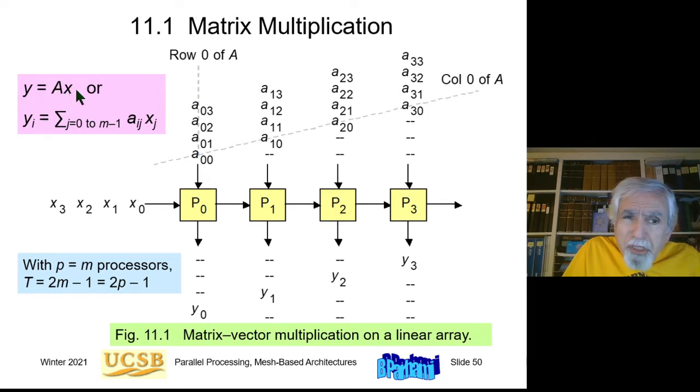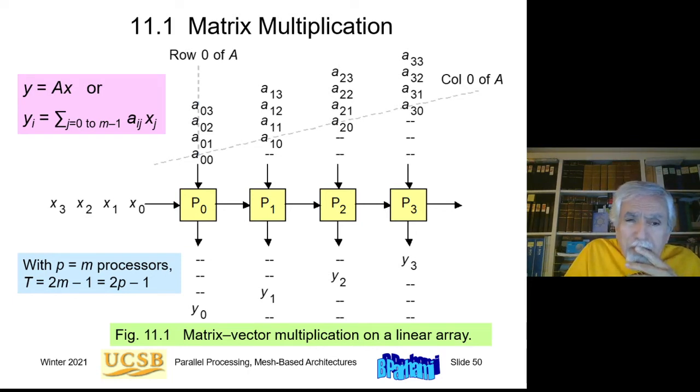By definition, matrix by vector multiplication is given by this equation, where the ith element of the result vector is the summation of a_ij x_j. So it involves m multiplications and m additions. Therefore, the total complexity is order m squared arithmetic operations.